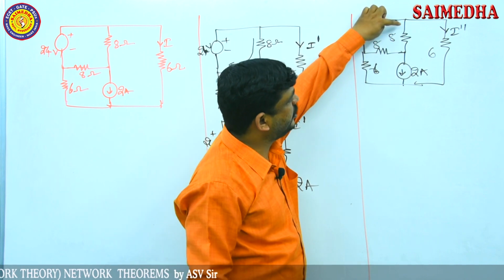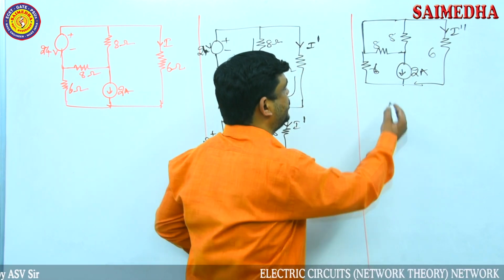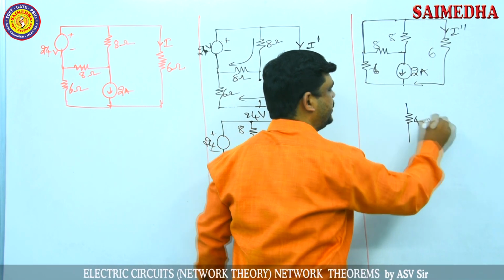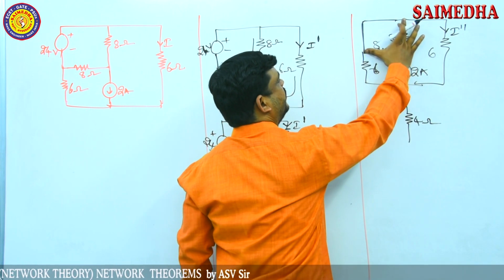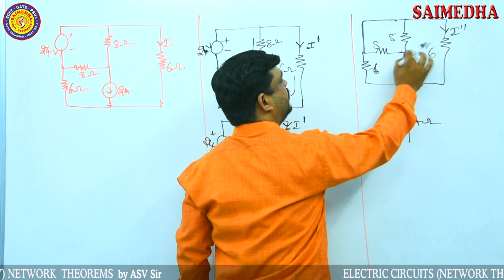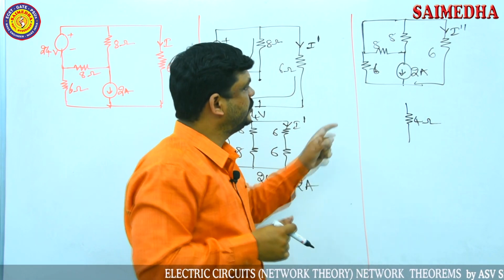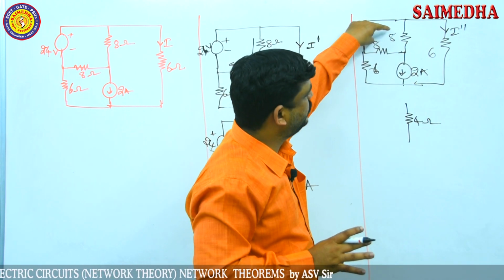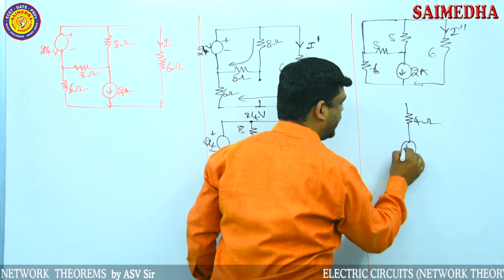These two resistors are then in parallel combination, acting as one single resistance. These two 8 ohms resistors are now in parallel because these 2 points are the same. So 8 ohms and 8 ohms become 4 ohms, and it is directly connected to one current source.